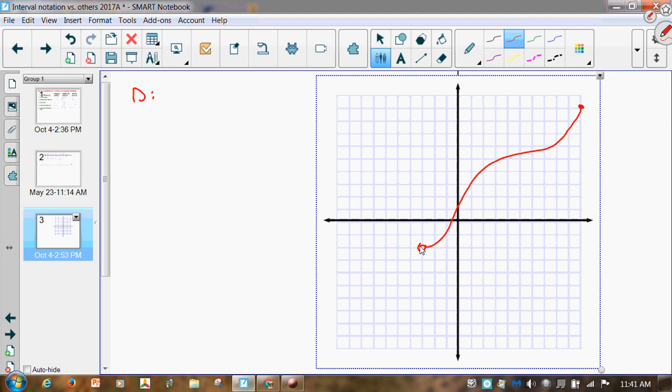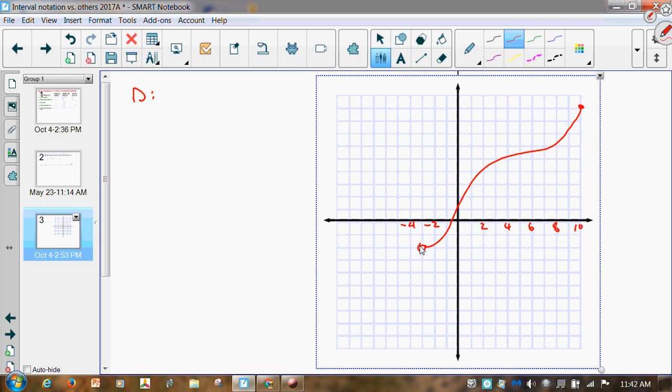So first of all, we'll do all three. We'll do the inequality notation, and then we'll do the interval notation. So notice that we are going between, and let's go ahead and label these. There's -2, -4. There's 2, 4, 6, 8, and 10.